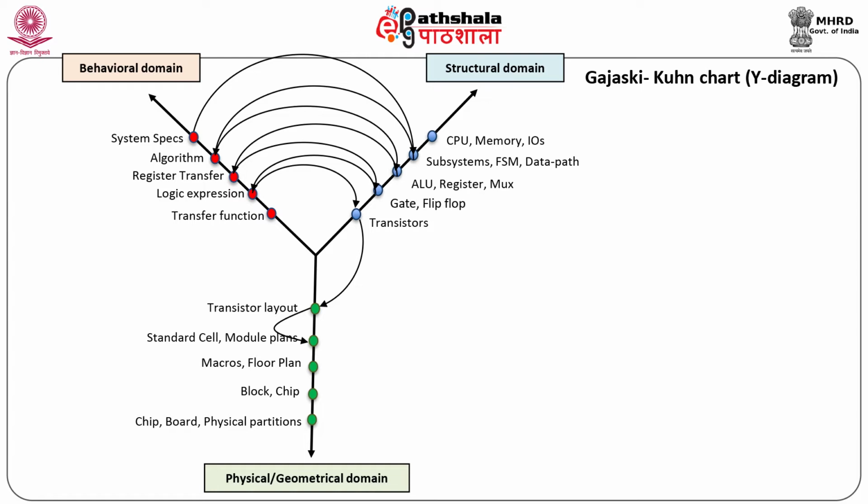Cells are further grouped to form modules. Modules further form macros to reach the final stage at the floor plans. The next higher level of abstraction is block or chip. The topmost level of design is a chip or board or physical partitioning of the system.